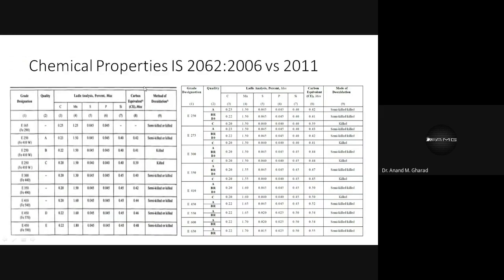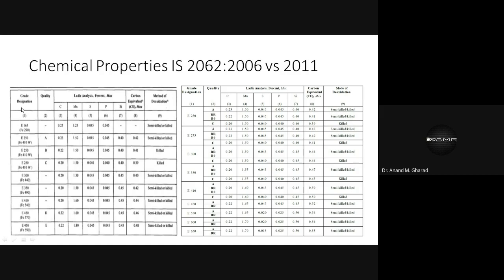Then a few chemical properties as far as steel is concerned are represented over here, as per IS 2062-2006, which is still used in your IS 800-2007, that we shall be referring to, with some modification. Only the abbreviations are changed.